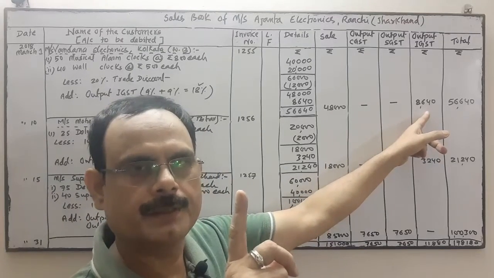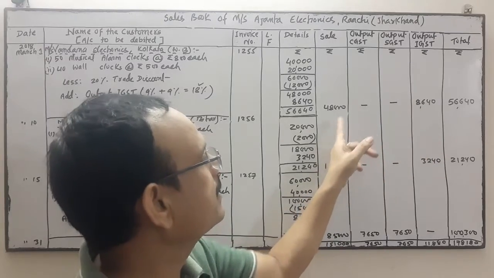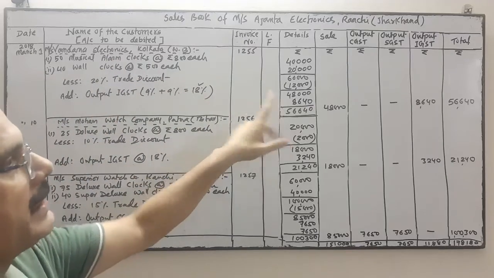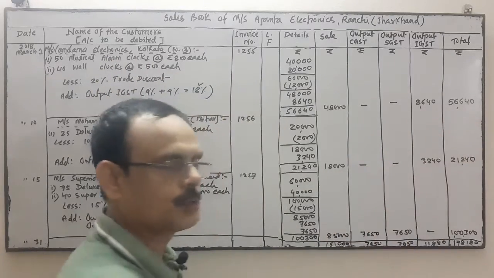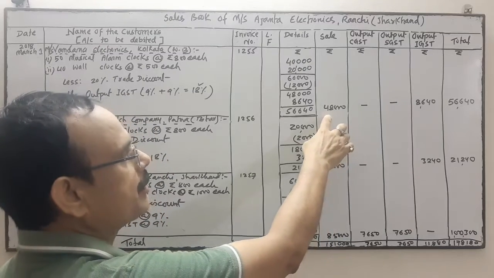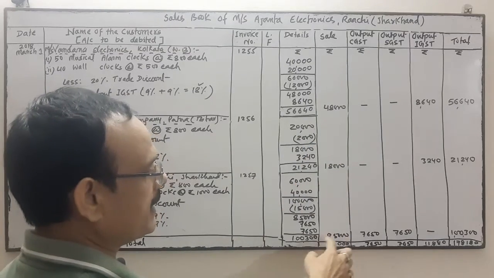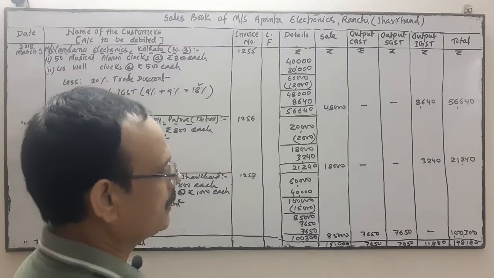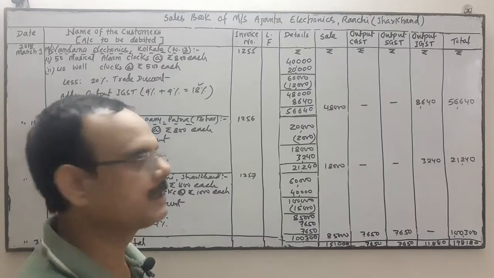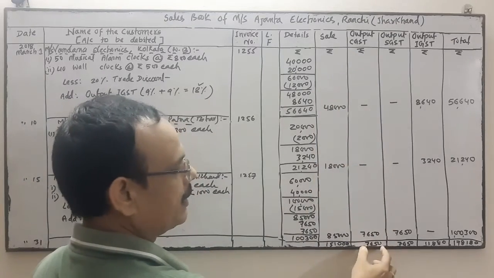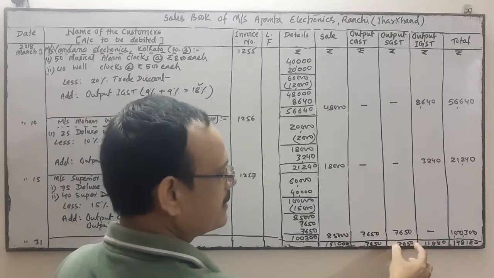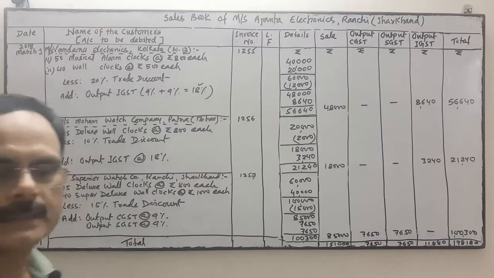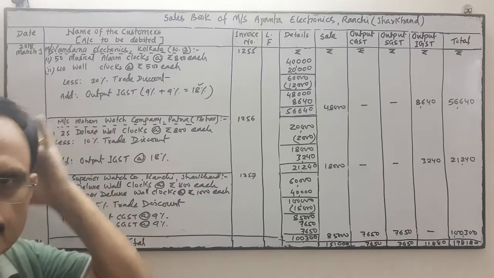So sales account is credit, output GST is credit, and Bandhana Electronics will be debited by the total amount. While posting, the total will be posted at a time in the credit side of the sales account, 1,51,000. The output CGST, output SGST and output IGST accounts will be credited.